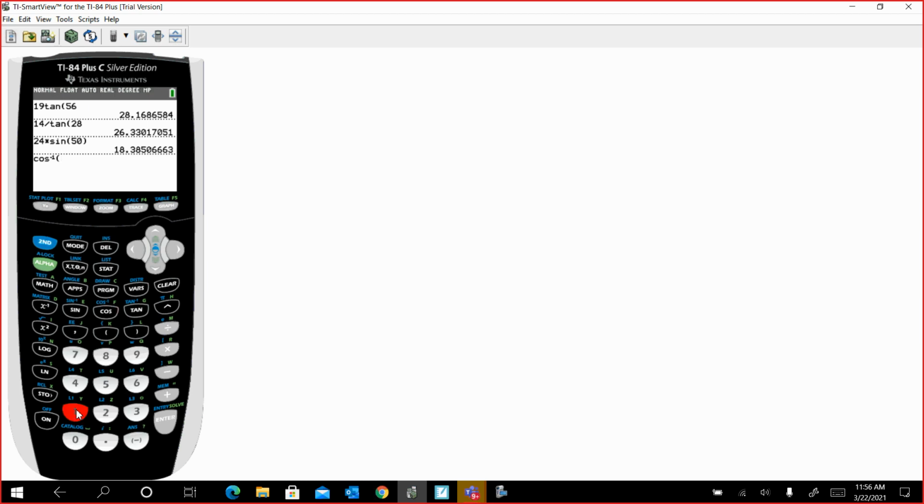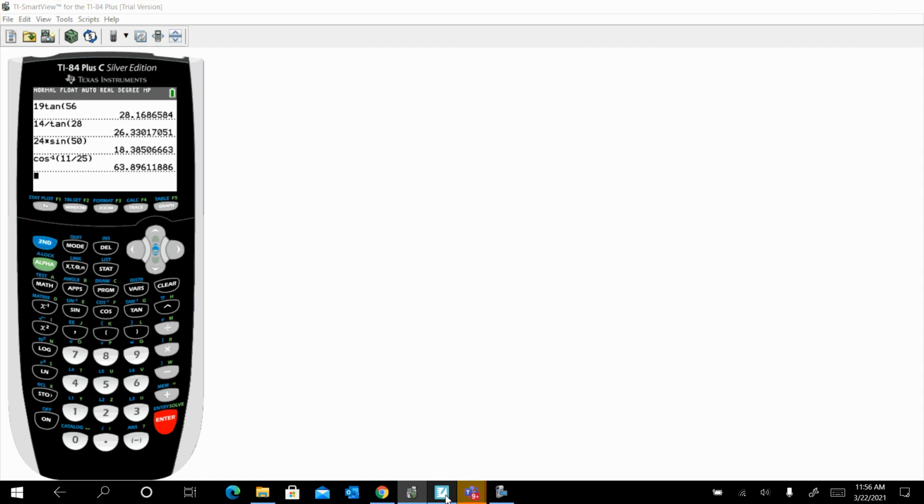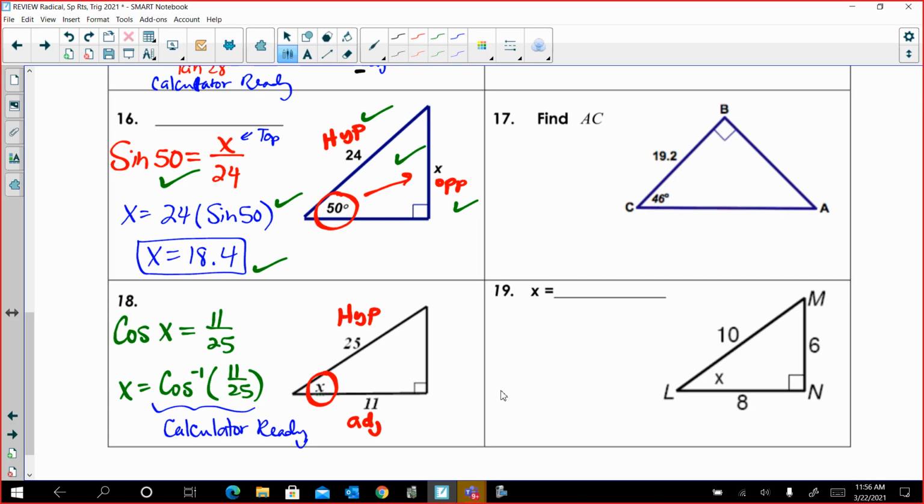And we're going to do 11 divided by, to get that fraction, 25, and hit enter. Because we're trying to find an angle, we have to round this to the nearest degree, which is a whole number. So this 63 actually is going to round up. We got a 0.8 there. So the angle, our answer, our x is 64 degrees.